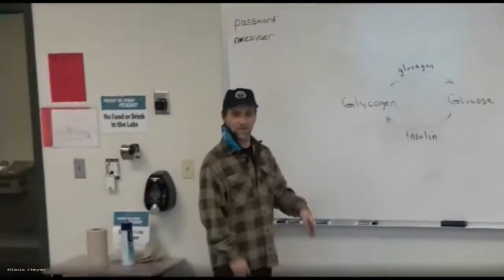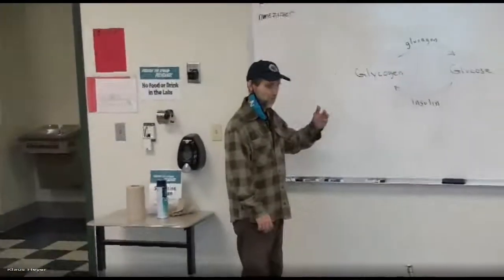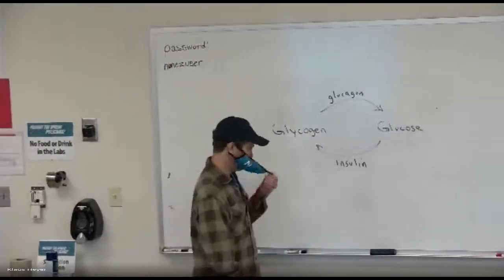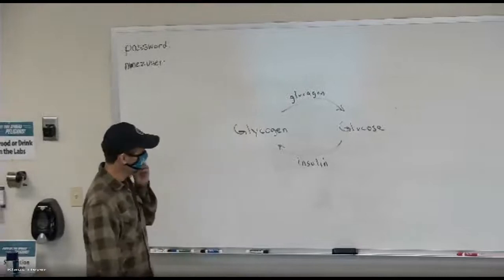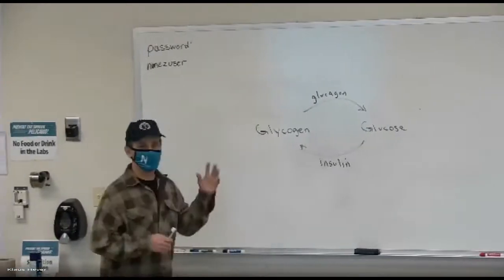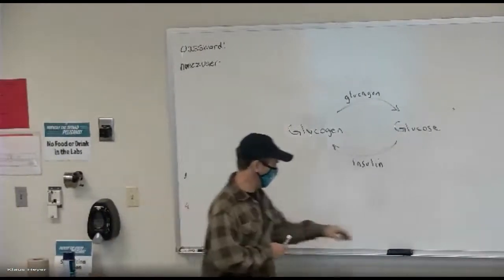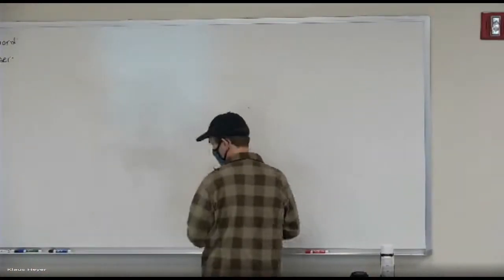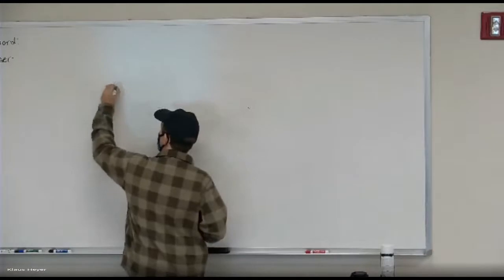It's like 500 or something. It goes to a certain point and it just maxes out. Anyway, these are two of the hormones that your pancreas makes. Your pancreas makes 4 hormones. Your pancreas is an endocrine gland and an exocrine gland.